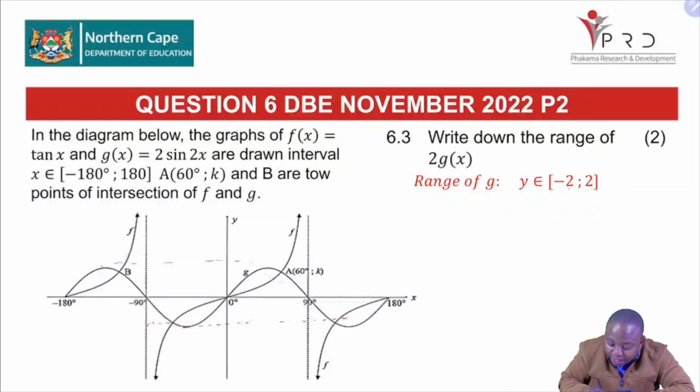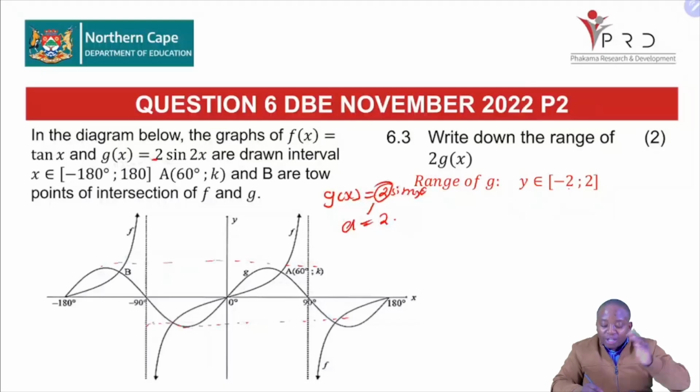And how do I get that my value is 2? Because from my function, g at x, I have 2 sine 2x. So my value of a is equal to 2. So 2 is the maximum and negative 2 is the minimum.